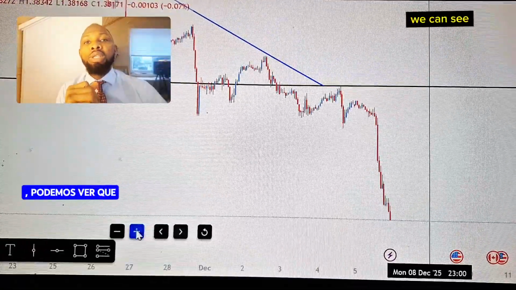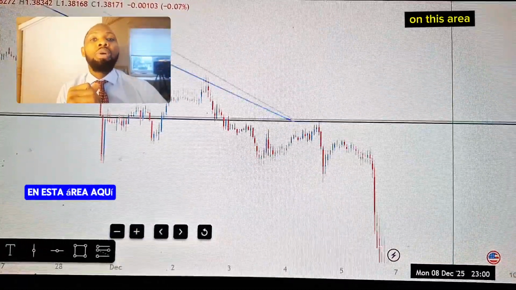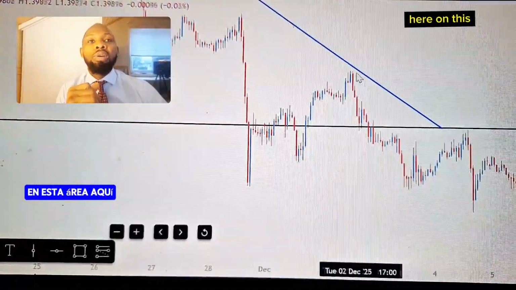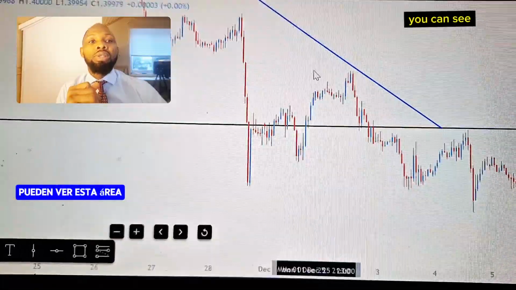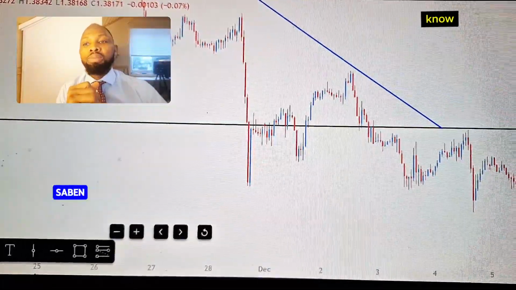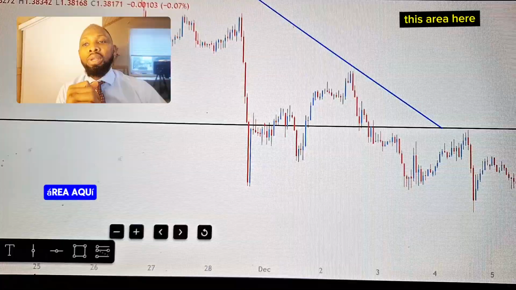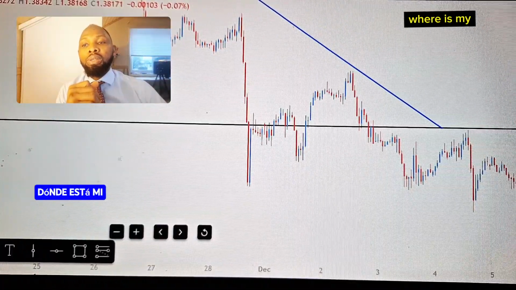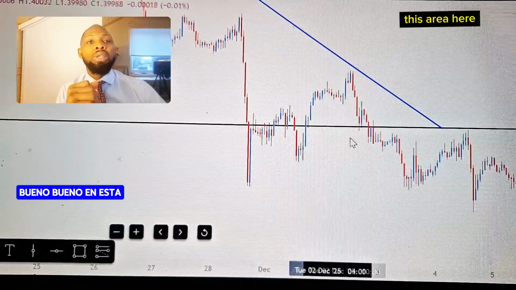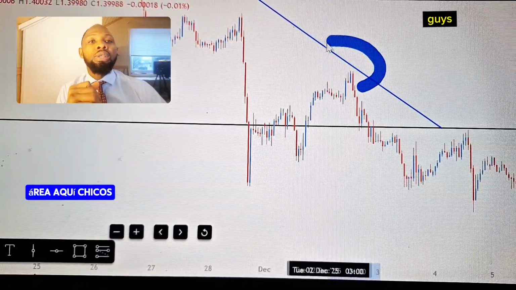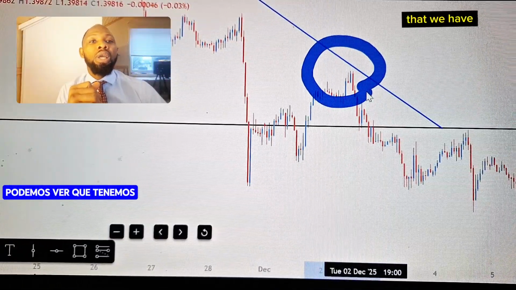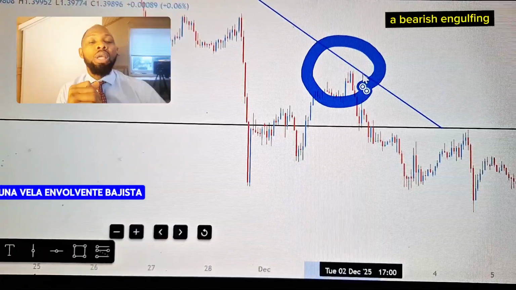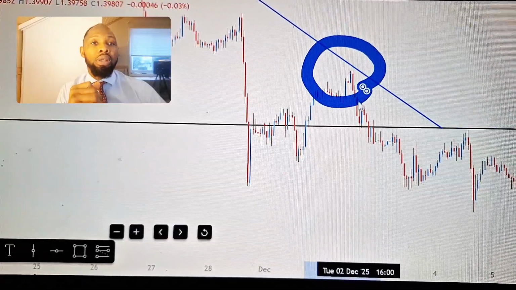On the 1 hour time frame, you can see this area here. Let me mark it. On this area we have what we call a bearish engulfing candle.